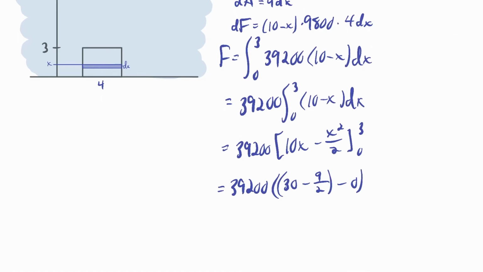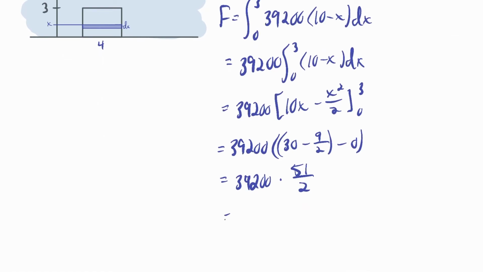So 60 over 2 minus 9 over 2 is 51 over 2. Pretty sure that's right. 39.2 is divisible by 2, so is that 19.6 times 51? What is that?